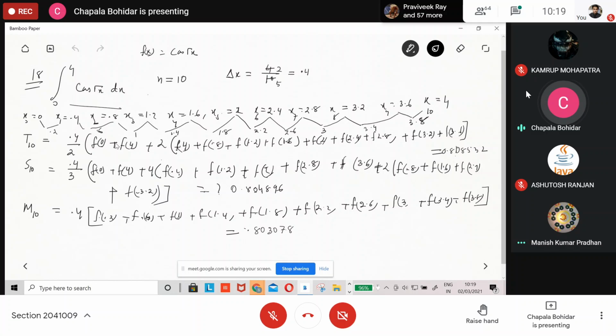Then 2 multiplied by f(0.4), f(0.8), f(1.2), f(1.6), f(2). You have a calculator, find out all these values and add up to 3.6. Add them with f(0) and f(4), and multiply by 0.4 divided by 2. Find out quickly.